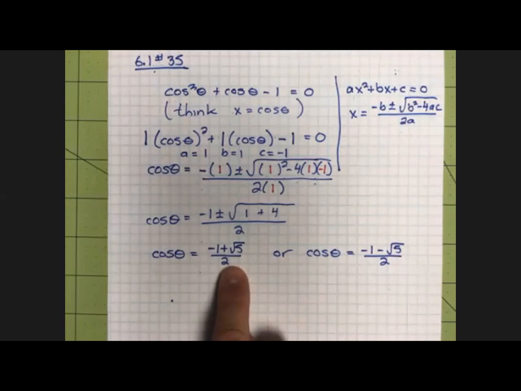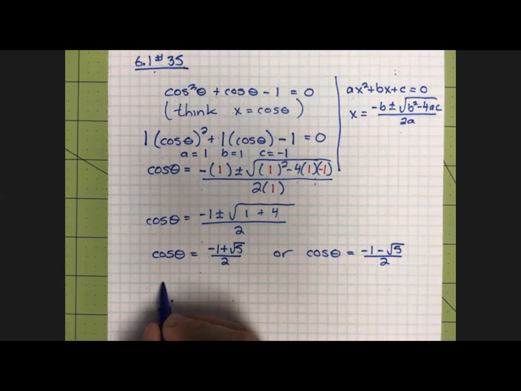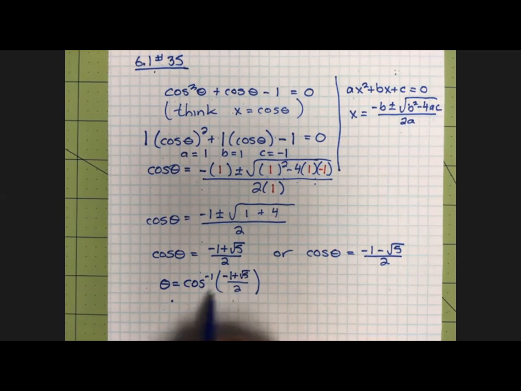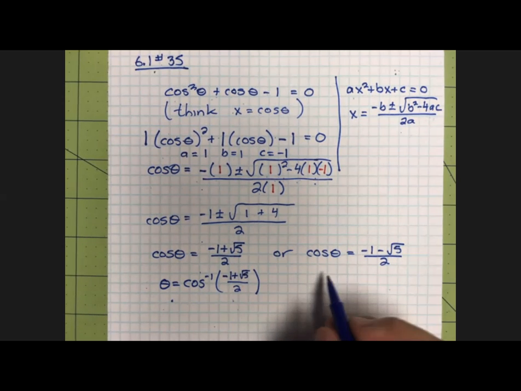Now, these are not numbers that I know off the top of my head, so I'm physically going to type this into a calculator and ask the calculator who has that cosine. I can certainly draw it, but it's not going to be a famous triangle I recognize. So first, let's just ask the calculator what it thinks. But remember, the calculator only responds with one number, so I have to interpret what the calculator response says.